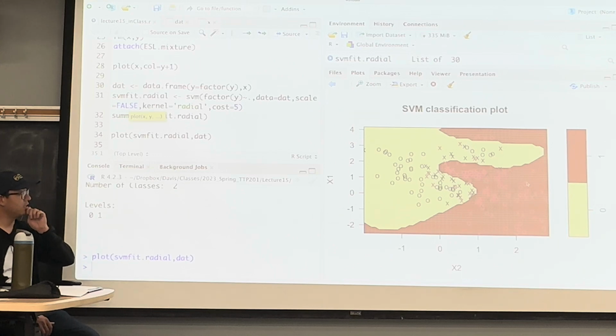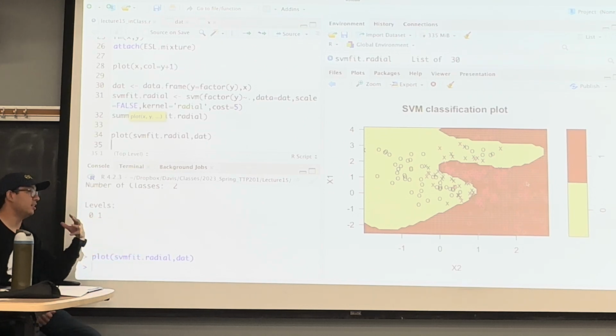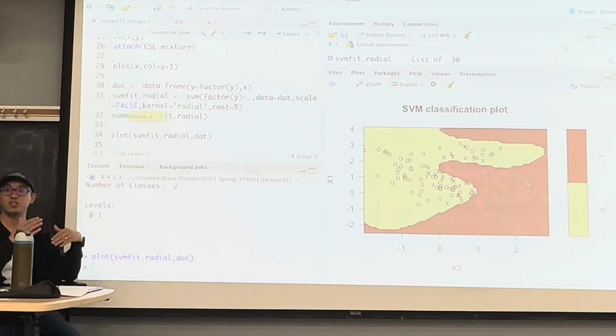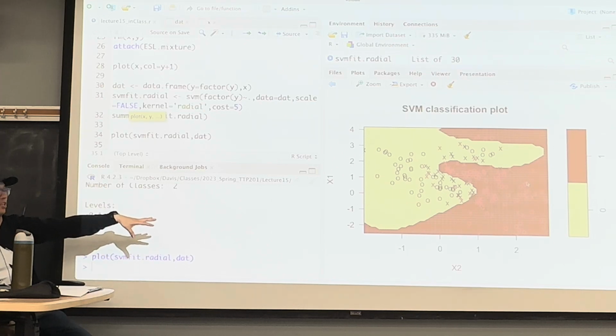But remember that with a logistic model, I can say something about how the probability of a particular outcome changes as the variable changes. Here, you're going to have a much harder time saying that.